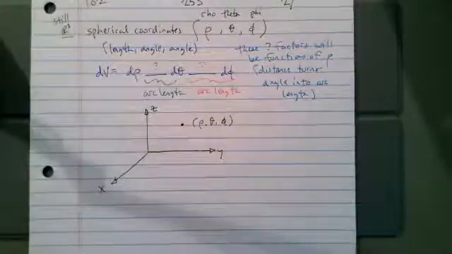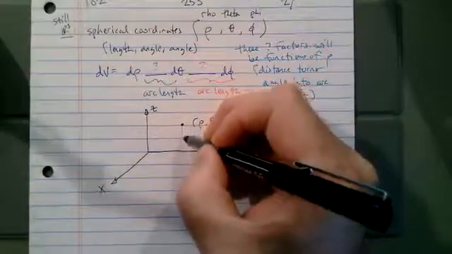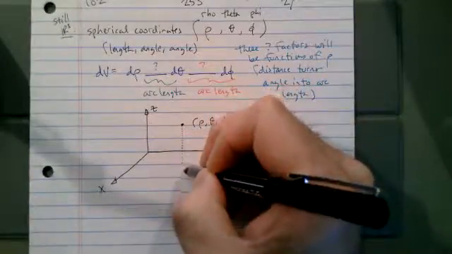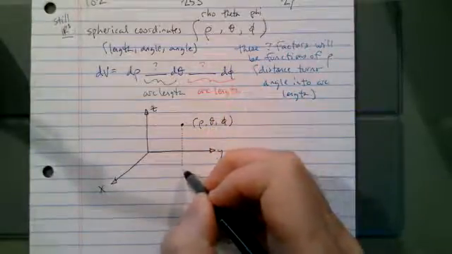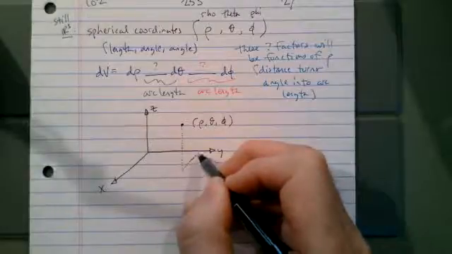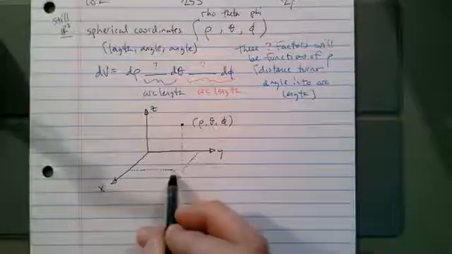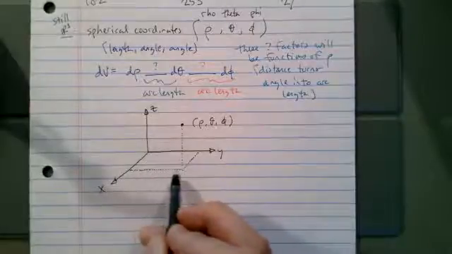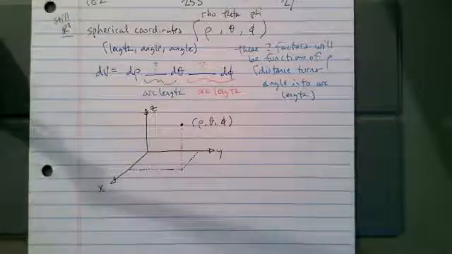Let's give ourselves some basis for where we are. So let's suppose that this is sitting above a point in the xy plane. So that rho, theta, phi is sitting above the xy plane.